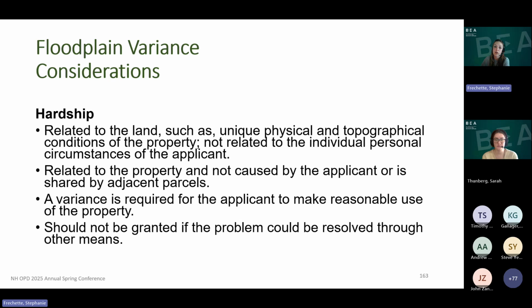It is required by the applicant to make reasonable use of the property, and it should not be granted if the problem could be resolved through other means. So again, there's only unique situations and circumstances when a variance should be granted due to some of the risks involved. So if there's an opportunity to work around the variance by doing the activity outside versus inside the floodplain, then that's what should be done.